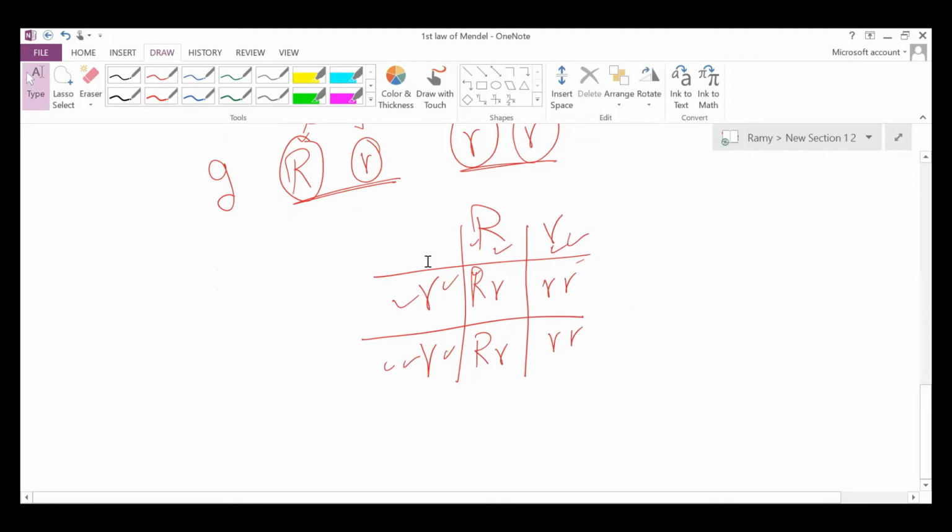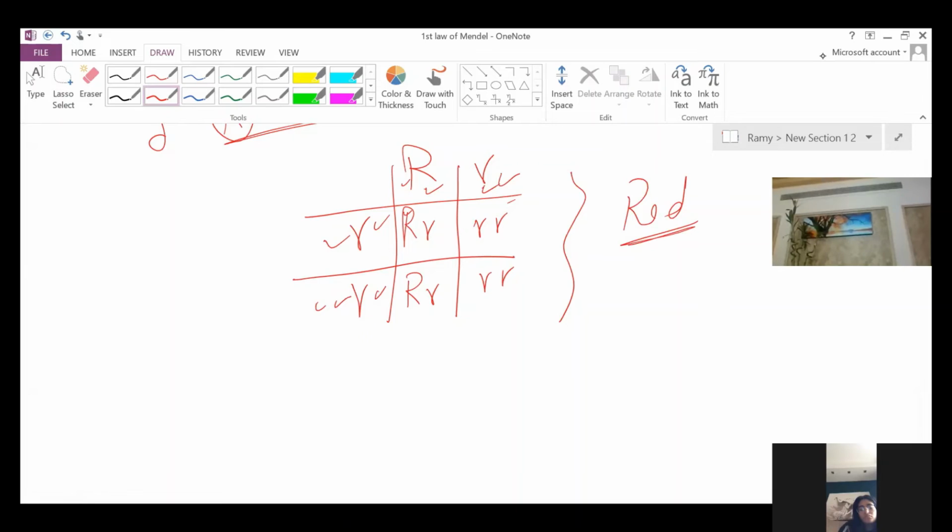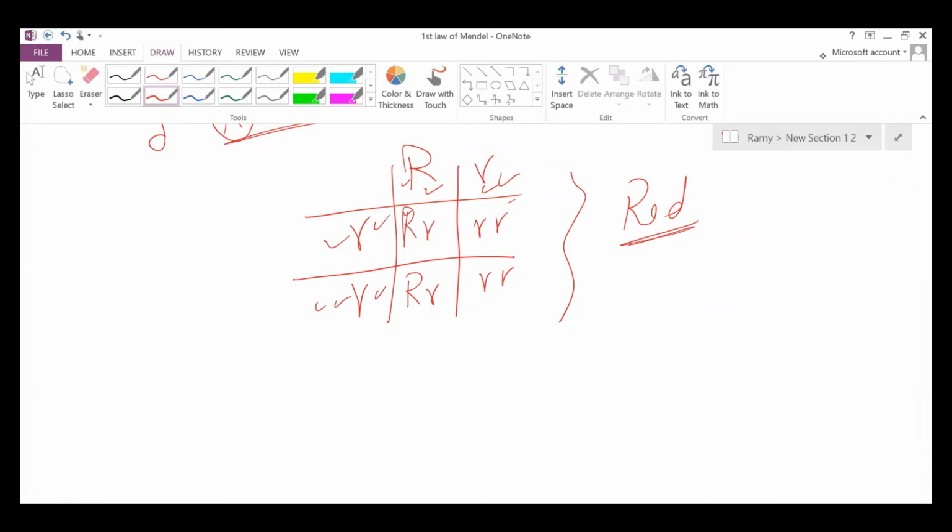So what is the percentage of these organisms or these two types of flowers, white and red? Look here, how many red do we have? I'll write red, how many? 2 red and 2 white. Very good, so 2 white and 2 red.